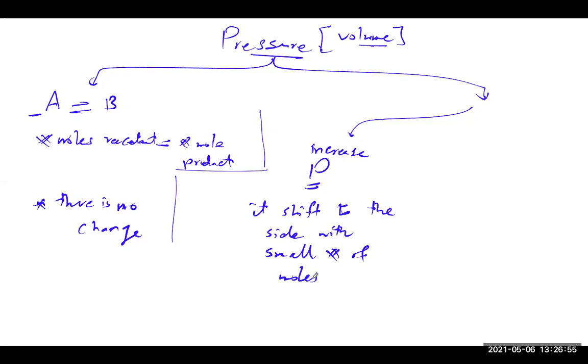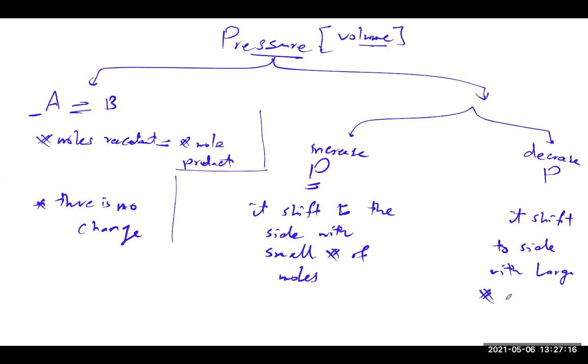And if you decrease pressure, it will shift to the side with the high number of moles, or large number of moles. So we do the opposite: if you increase, you go to the small number of moles; if you decrease, you go to the high number of moles.